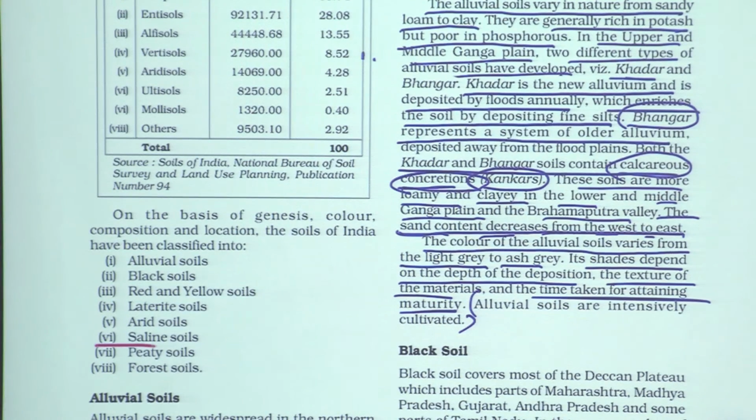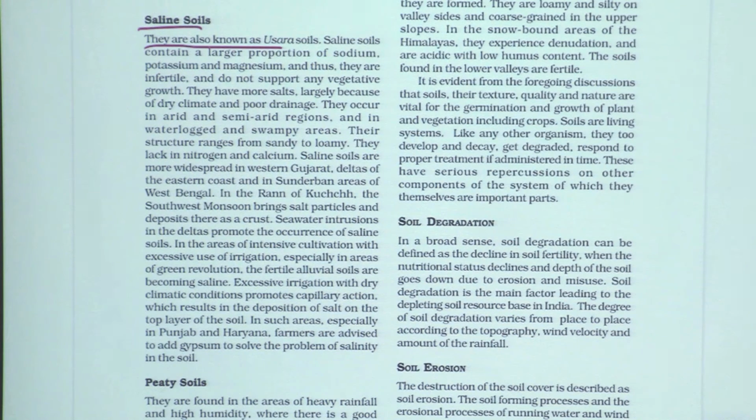We have a soil type in the country called saline soil, arid soil. I want to take you there first. They are also known as usara, infertile soil. Saline soil contains a large proportion of sodium, potassium, and magnesium, and thus they are infertile. They have more salt largely because of dry climate and poor drainage.